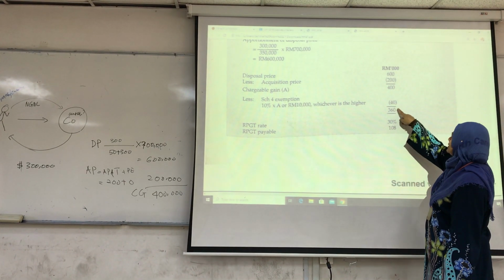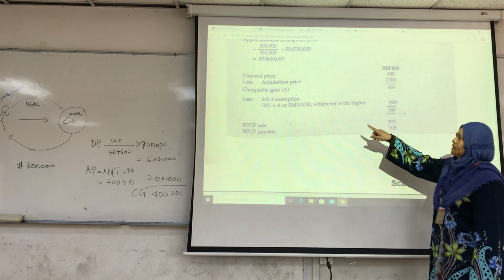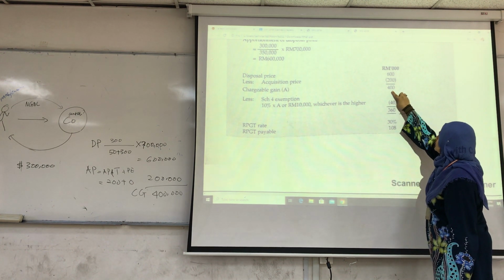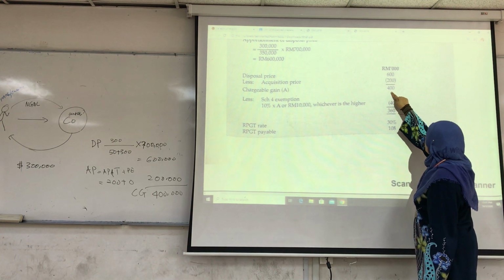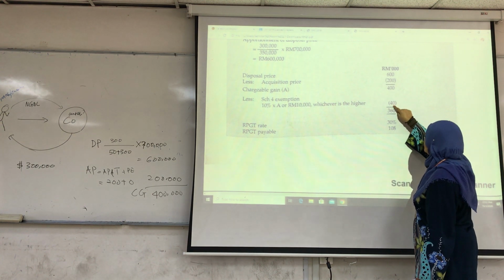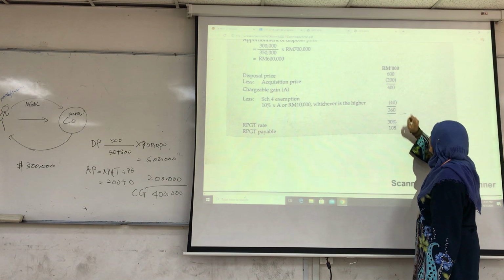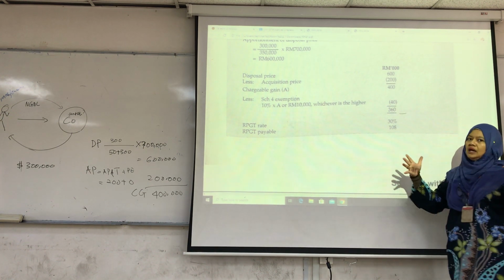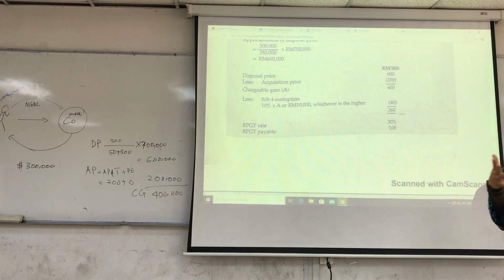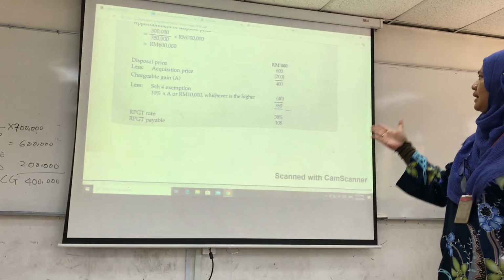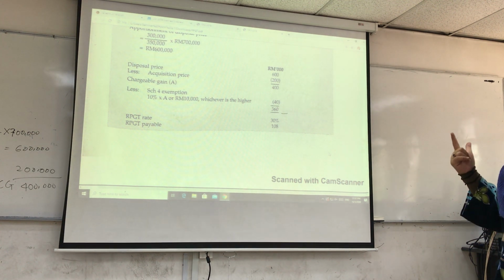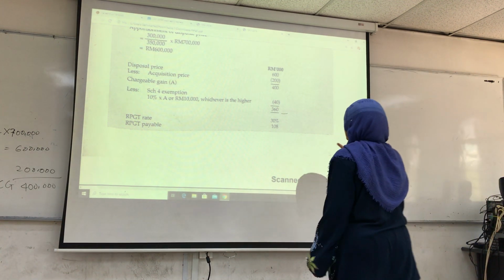So you have the exemption of 10,000 or 10%, whichever is higher. 10% is 40, so you have 360. Then you see how long the shares holding period is. It's within 3 years, so the rate is 30%. So RPGT payable on the shares is 108.